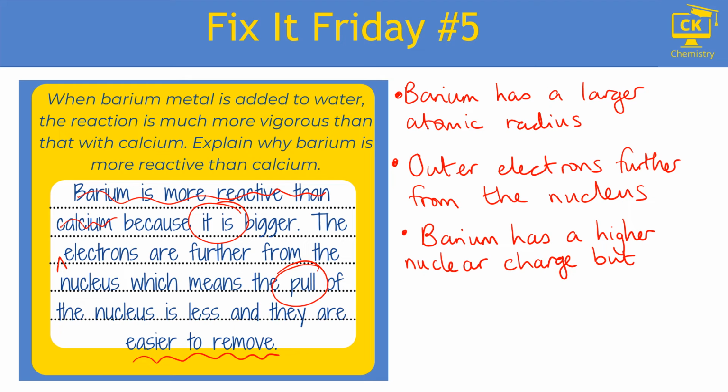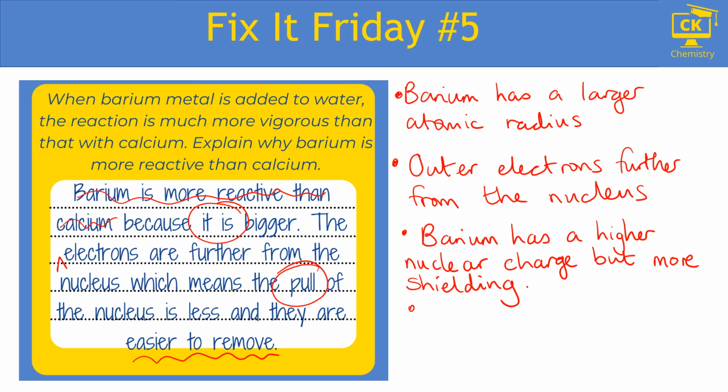They're quite large shells of electrons because they're containing d subshells. So we have more shielding. So shielding is an important point, and this shielding is enough to counteract the higher nuclear charge.